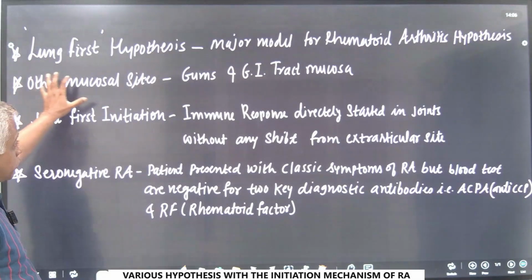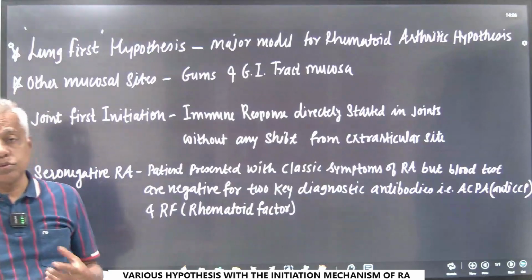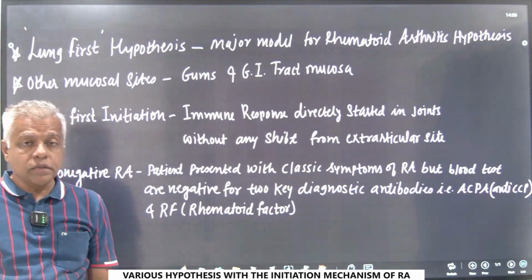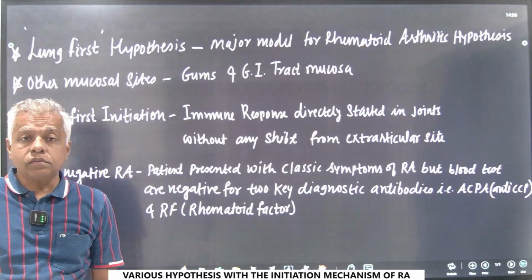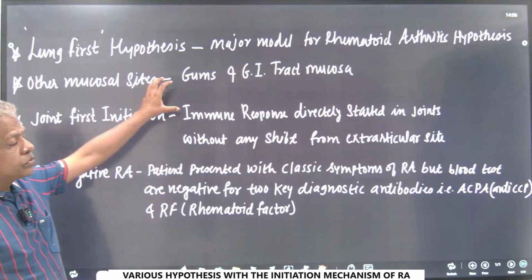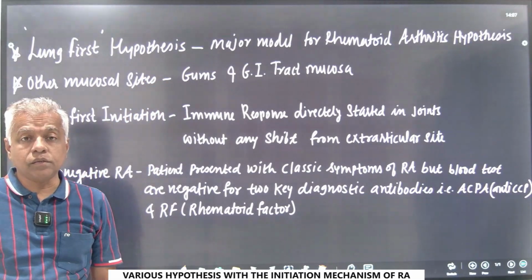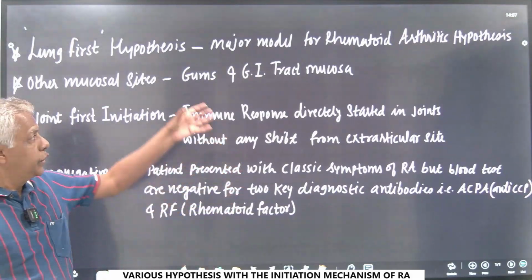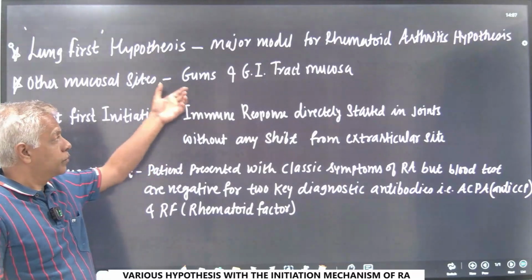So other mucosal sites like gums and GI tract, okay. Gums and GI tract are the two other mucosal sites, other than lung, where this disease can be started. So in the gums, usually periodontal infections like P. gingivalis infection can lead to the beginning of the disease in the gums.